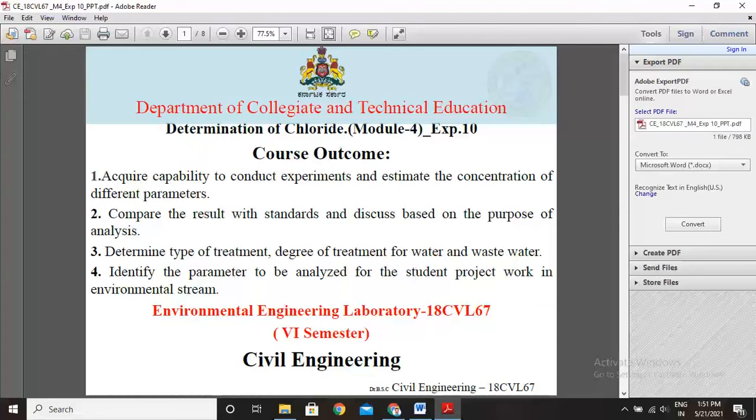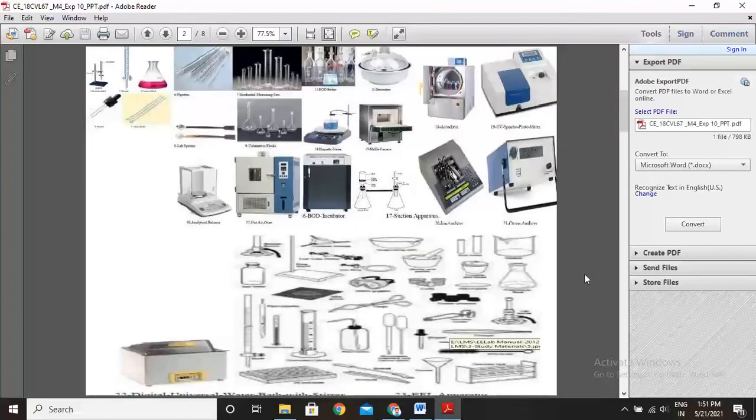The title of the subject is Environmental Engineering Laboratory, and the subject code is 18 CVL 67. This comes in the 6th semester of civil engineering departments. These are the different types of apparatus used in the environmental engineering laboratory to conduct all the types of experiments.